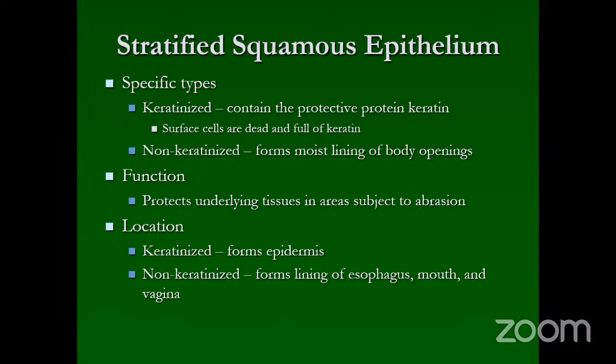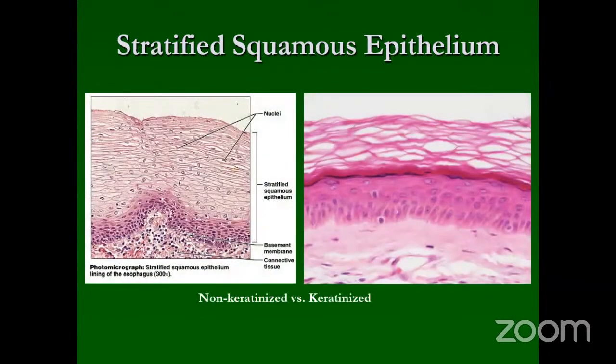The next is the location where they are present. Keratinized epithelium is present in the epidermis of the skin, and non-keratinized epithelium forms the lining of the esophagus, mouth and vagina. So this is how they look, non-keratinized versus keratinized.